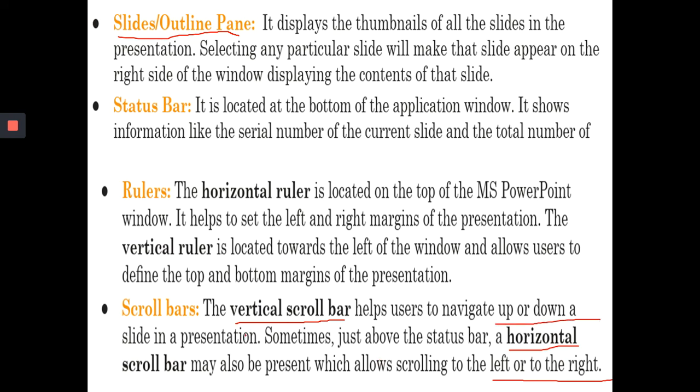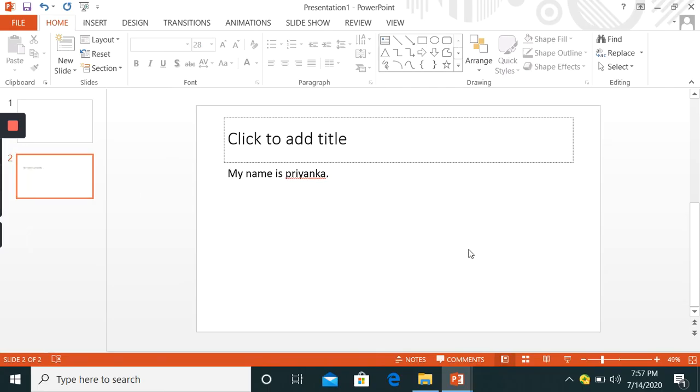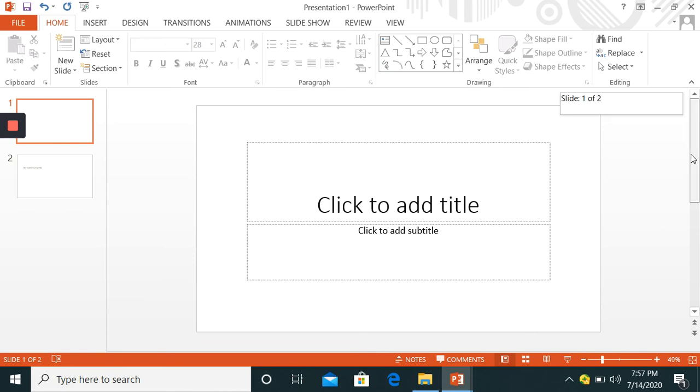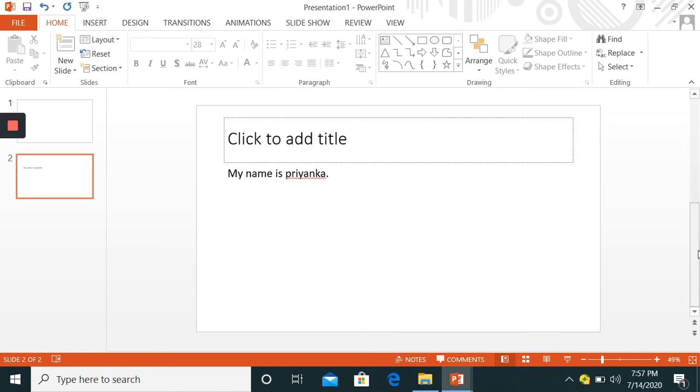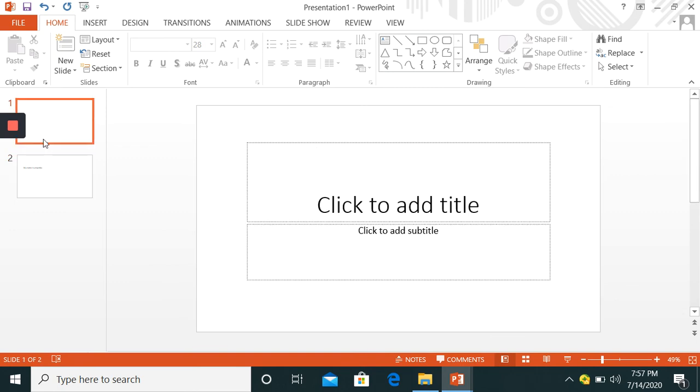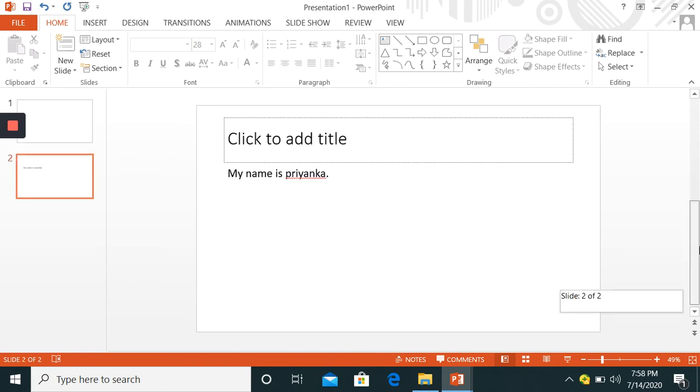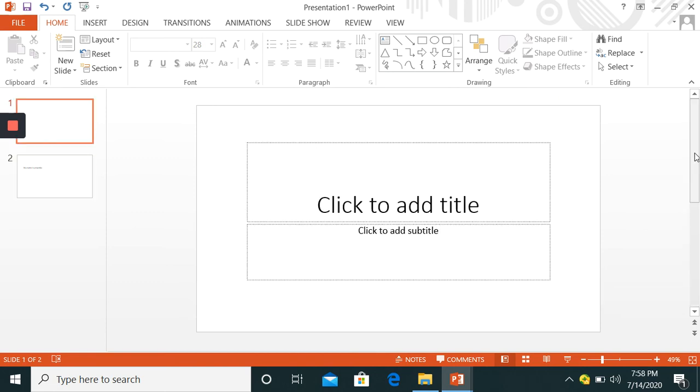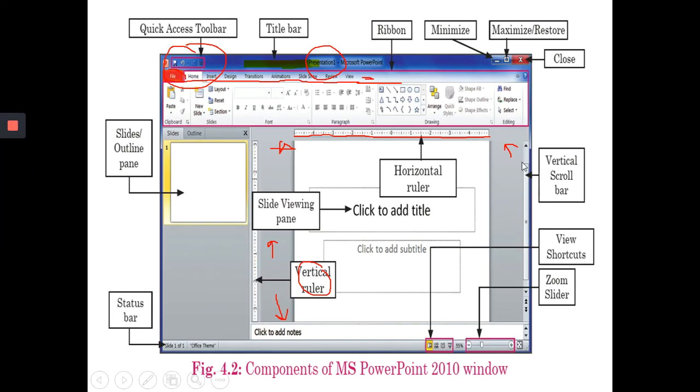Now I'm showing you. See in this presentation, this is the vertical scroll bar. যেখানে slide আমি up down করতে পারছি। First slide এ যাওয়া, second slide এ যাওয়া আমি যেতে পারছি। Okay? I can go down, that means to the next slide. Then I can go to the previous slide. This is the scroll bar. See in this picture, this is the scroll bar.